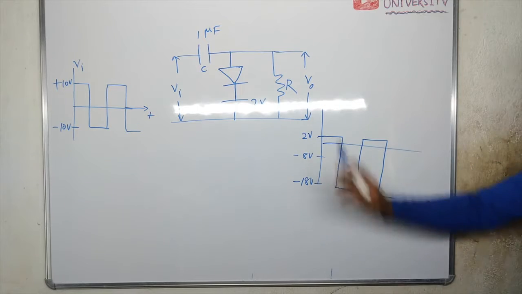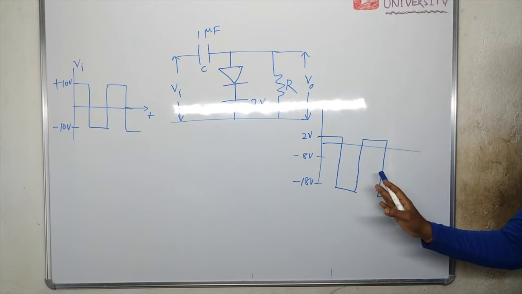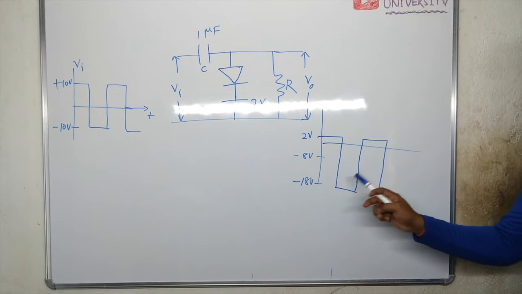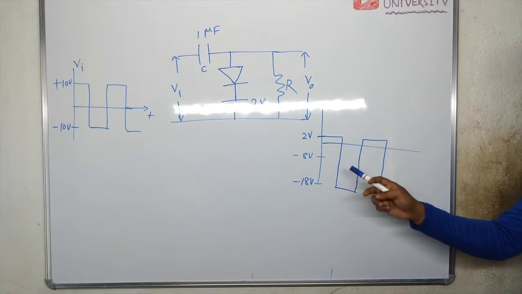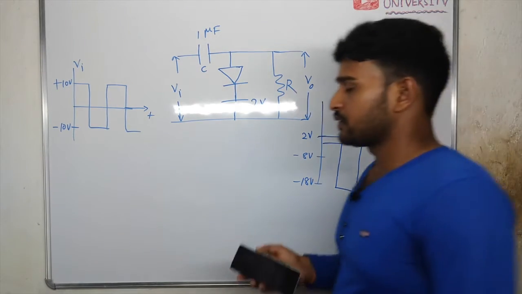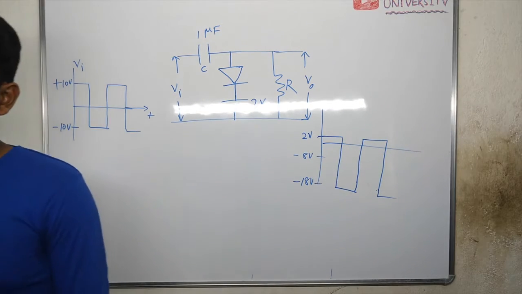But since it is a practical clamper, there will be some tilt in the output waveform, and no option has a tilt. So you need to consider the ideal case. The option is D.